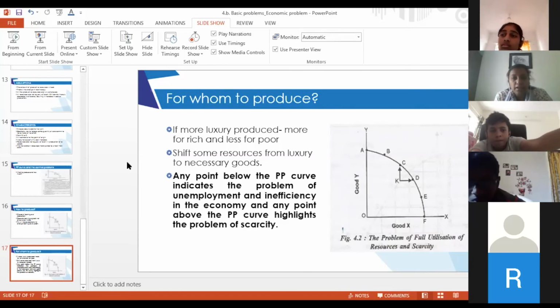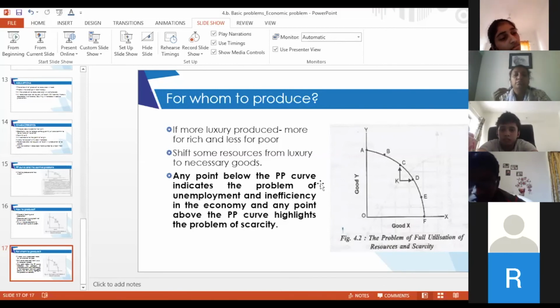Any point below the production possibility curve indicates the problem of unemployment and inefficiency in the economy. I have already told you, at point K or any point you take inside the PP curve, it will tell you that there is inefficiency in the economy.